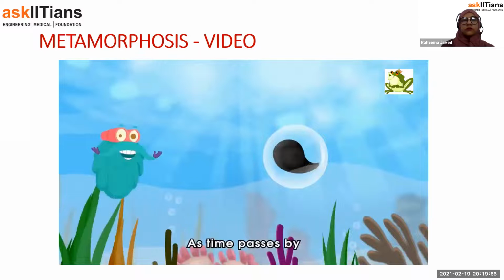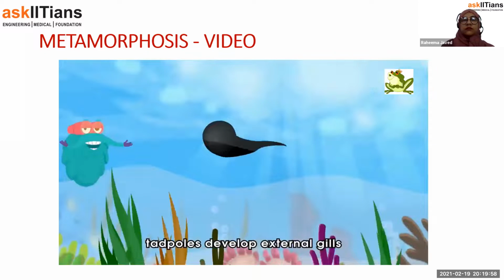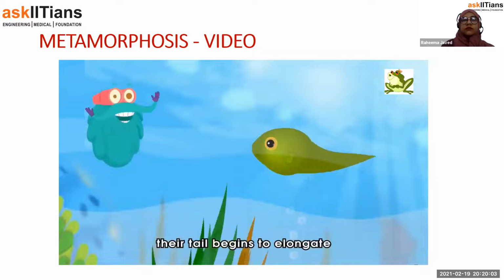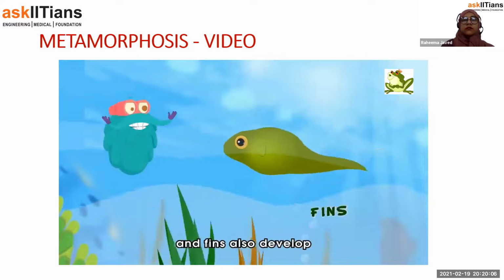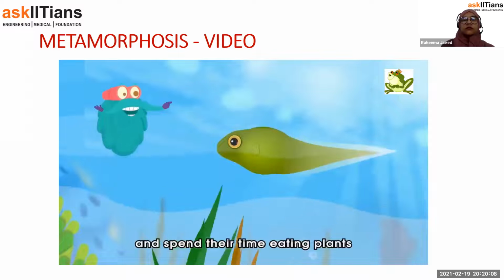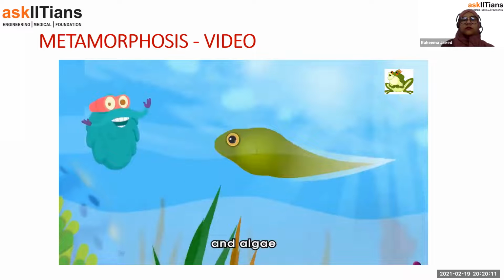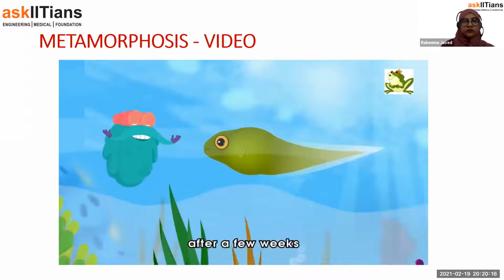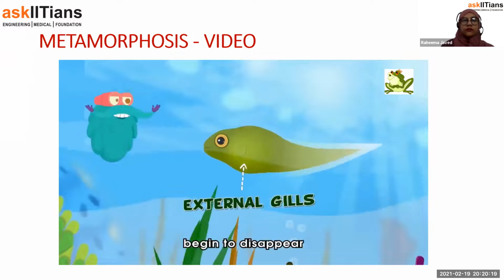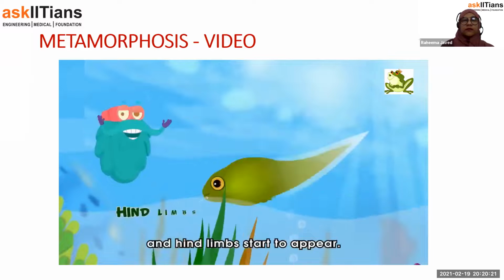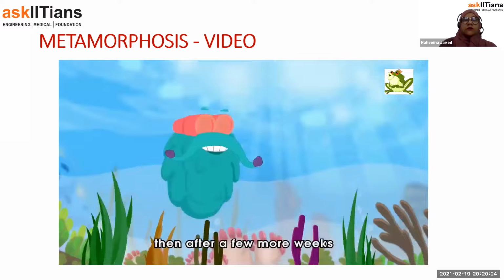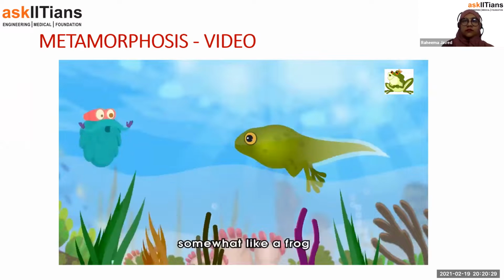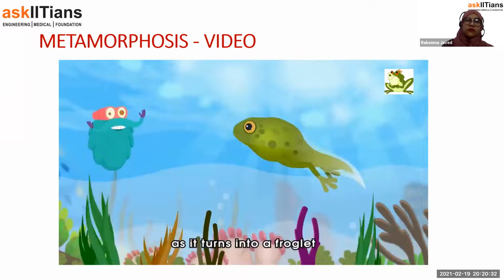As time passes by, tadpoles develop external gills that help them breathe under the water. Their tails begin to elongate and fins also develop. They spend their time eating plants and algae as they continue to grow for several weeks. After a few weeks, their external gills begin to disappear and hind limbs start to appear. Then, after a few more weeks, the tadpole begins to look somewhat like a frog as it turns into a froglet.